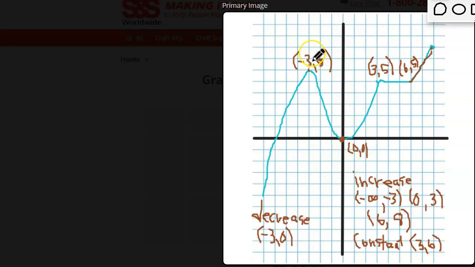So relative maximum, relative minimum. Together, they're referred to as relative extrema. And those of you going on to calculus will see a lot more of relative extrema.